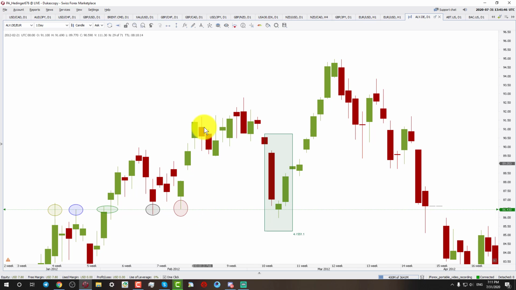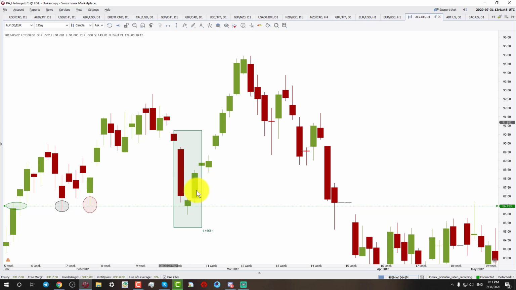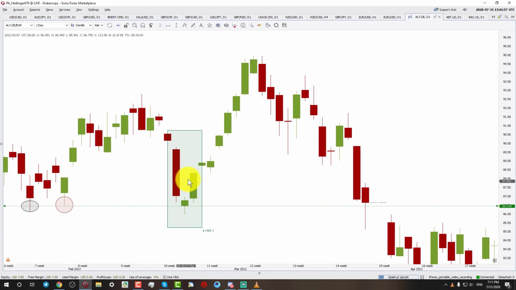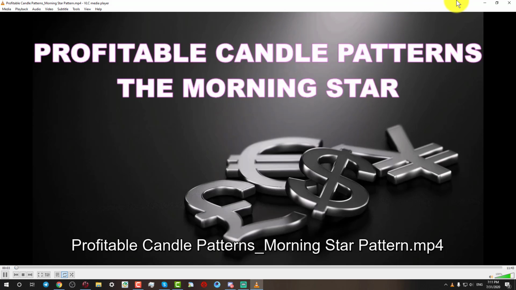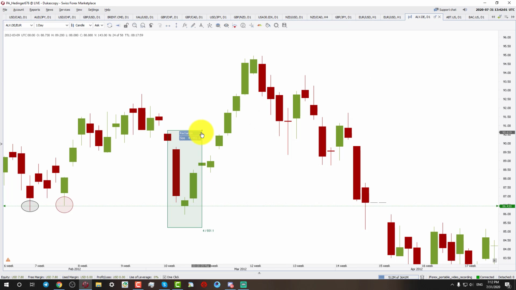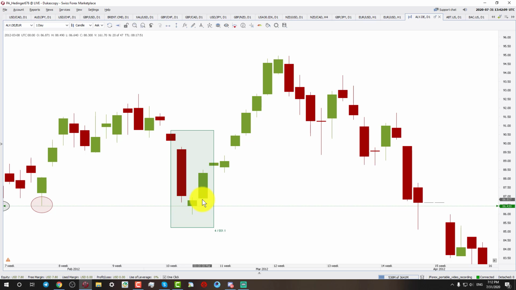So when the price was coming here again, we were expecting some positive response, and we suddenly saw a gap down opening with a positive close. A gap down opening with a positive close indicates that there is a possibility of a morning star, and the following day there was a candle which opened higher and closed into the body of the first candle.